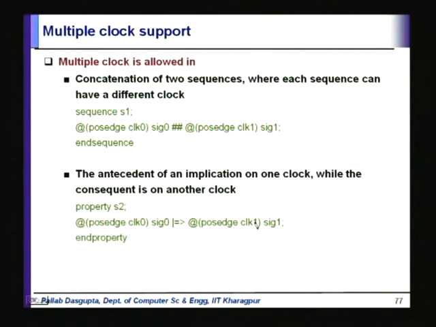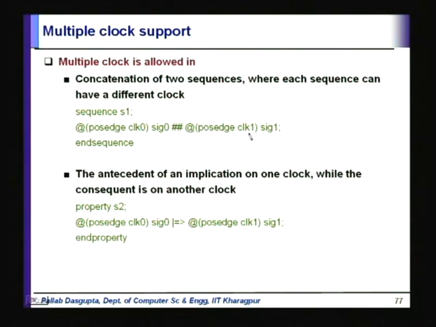In SystemVerilog, you also have multiple clock support. So, you can have concatenation of two sequences where each sequence can have a different clock. So, you can write a sequence expression like this, at posedge clock0, S0... I think this should be property. Please read this as property S1 and then property. At posedge clock0, S0 #1, this is another typo here.